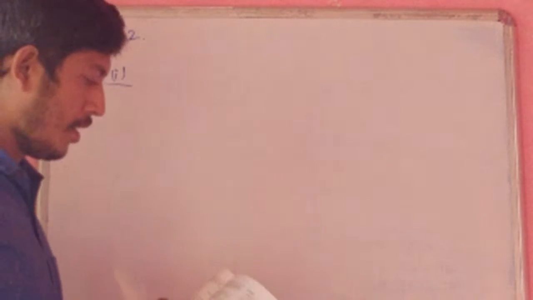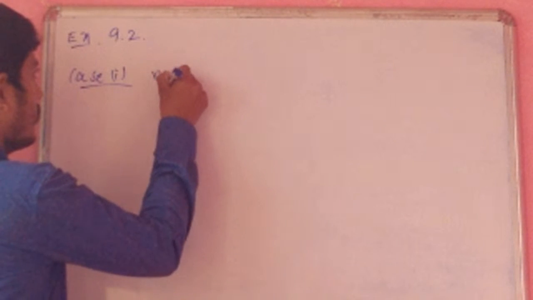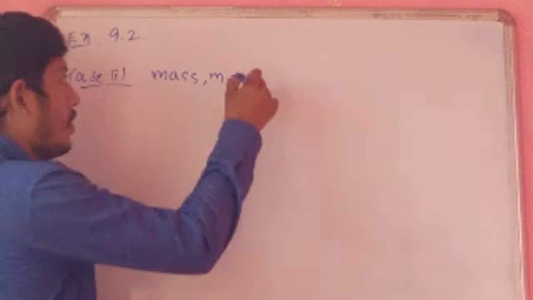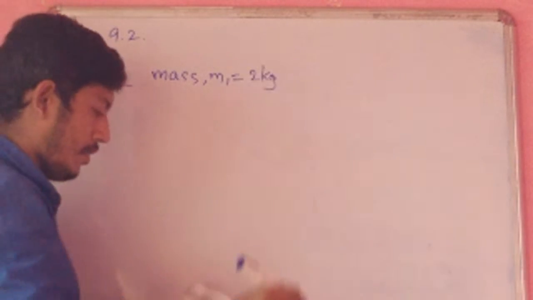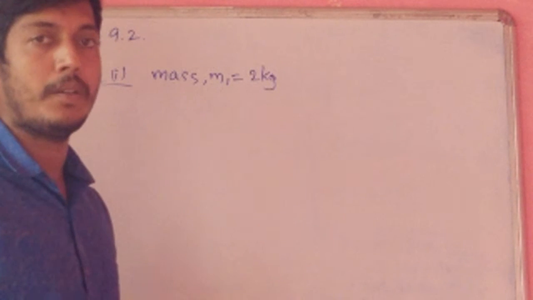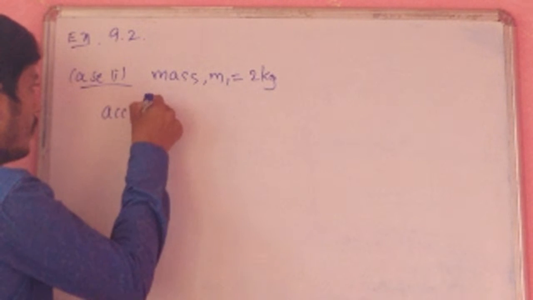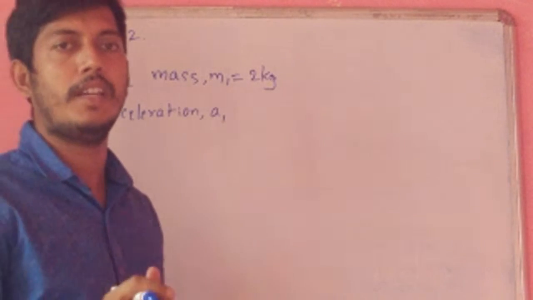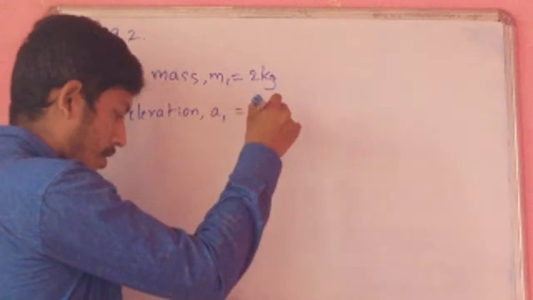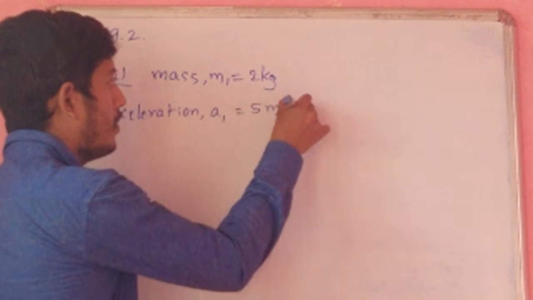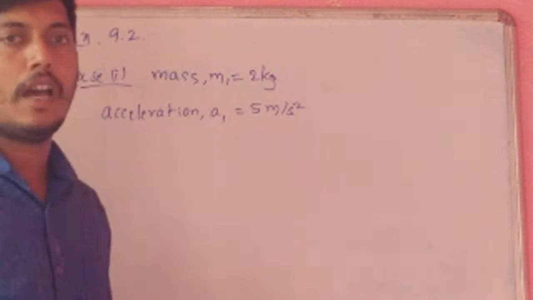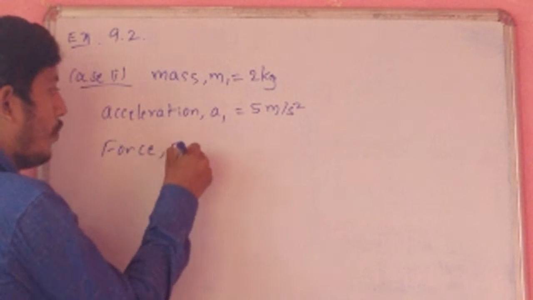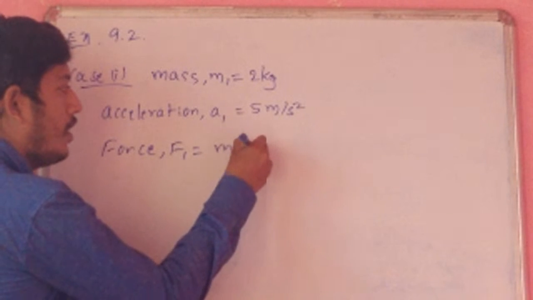Mass, m1, is 2 kg, and the acceleration, a1, is 5 meter per second square. Now for the first case, I will find out the force. Force, f1, equals m1 into a1.